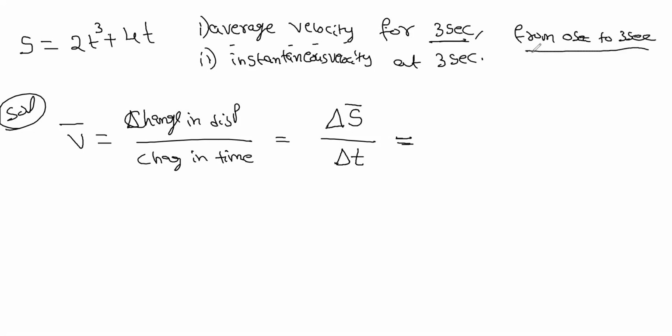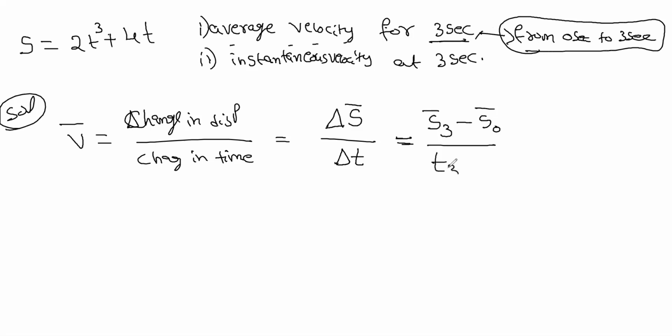What is the displacement it went? Means displacement at 3 seconds minus displacement at 0 seconds. This gives the change in displacement, right? Divided by time at 3 seconds minus time at 0 seconds.